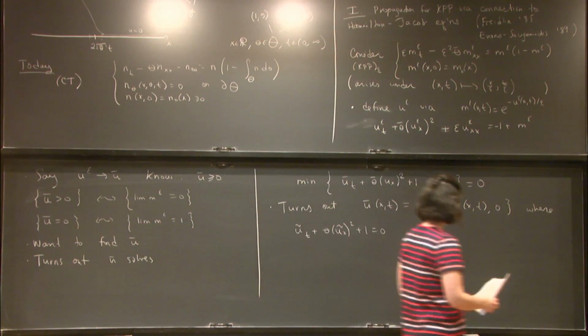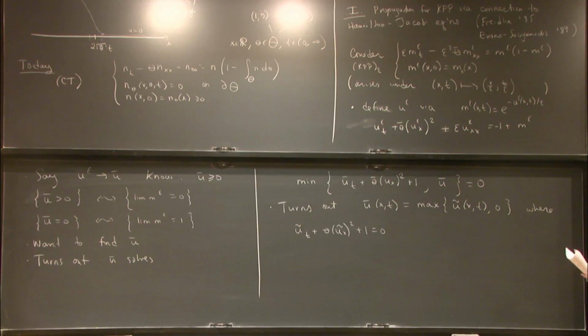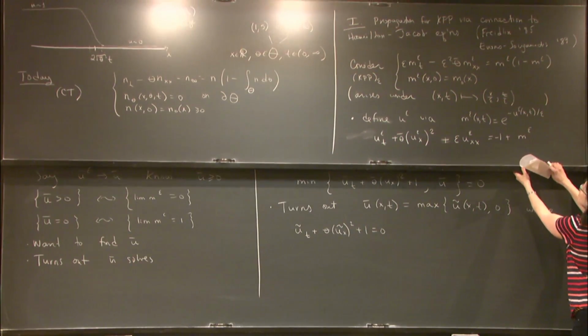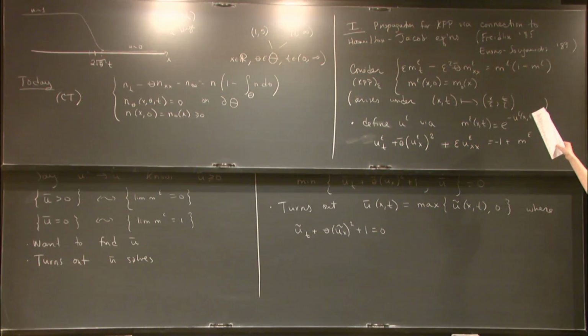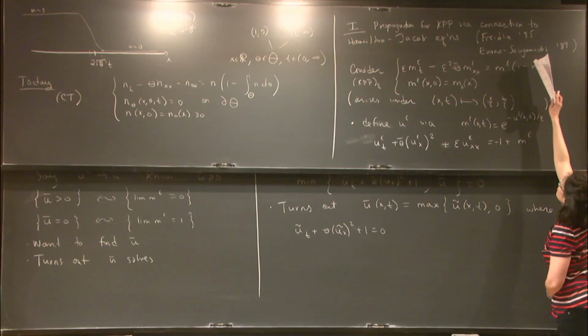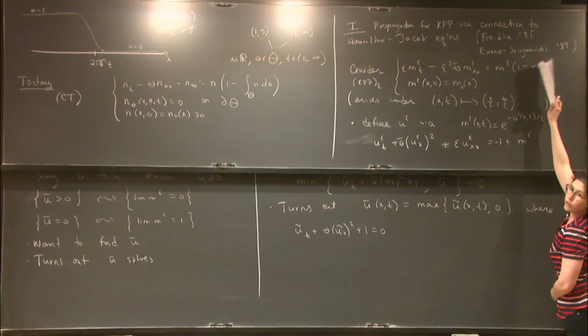Notice that if I had started, let's look at KPP epsilon. If I started by looking at this guy linearized around the 0 solution, so that corresponds to just having that term there.